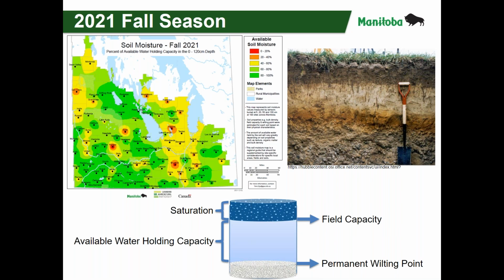So once we have the 5 centimeters and 20 centimeters, especially in the Interlake, once we have them thawed out, I would expect that the soil still has considerable space and capacity to store more moisture.